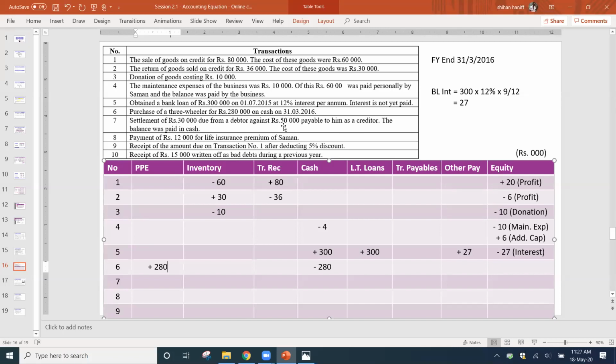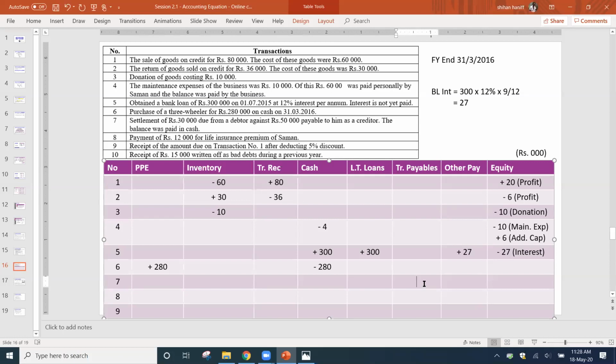Now we have a creditor. We have a liability to pay 50,000. And we pay 20,000 cash to him, and he is also a debtor.